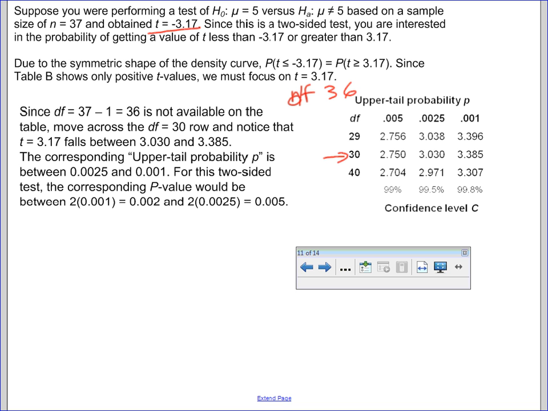And we'd have to do the absolute value of 3.17. And here you go, do the symmetry of the curve. The probability that t is less than negative 3.17 is the same as the probability that t is greater than 3.17. And so it would be right in here.